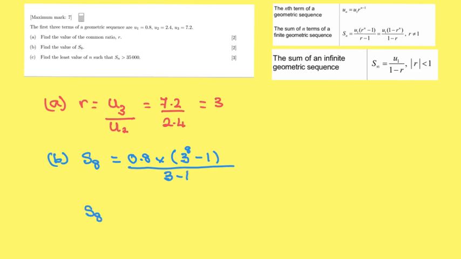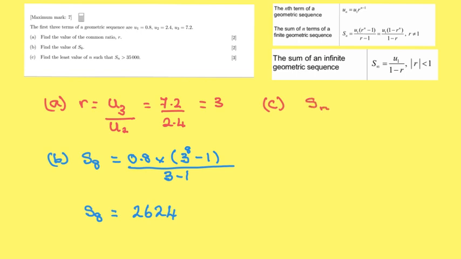So S8 is equal to, use your GDC, 2624. And part C, find the least value of n such that S_n is greater than 35,000.